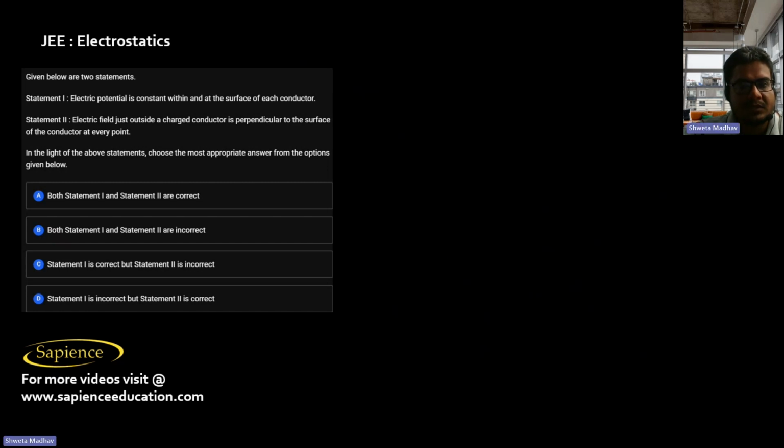Then it is told the given below are two statements. Statement 1: electric potential is constant within and at the surface of each conductor.